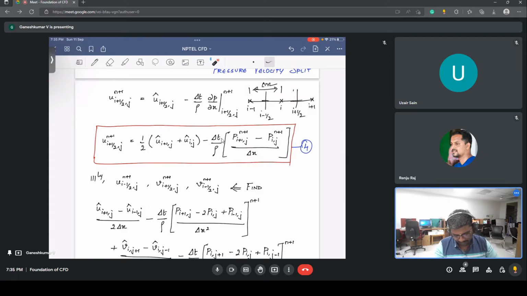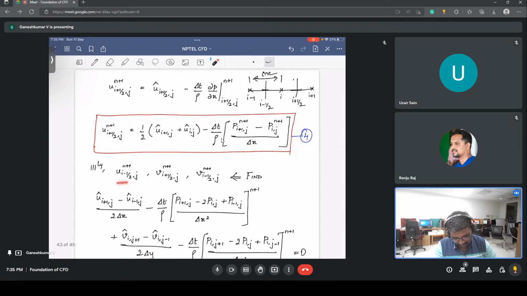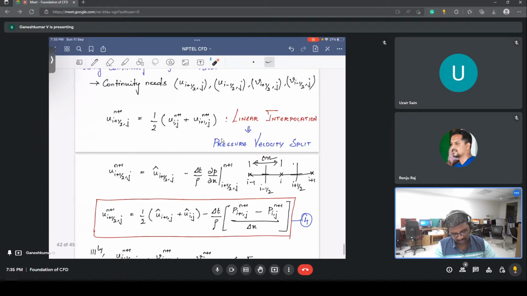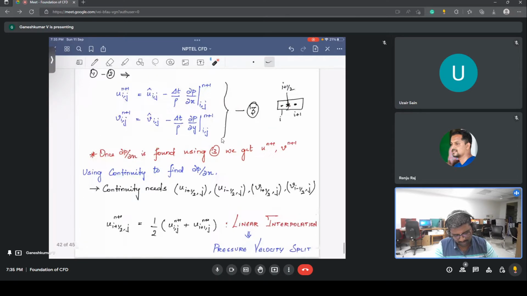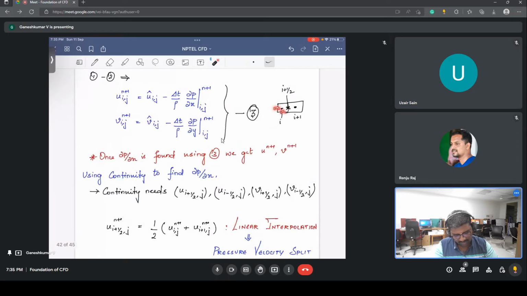So now we have an equation for facial velocities at n plus 1, right? Similarly you can write this for i minus half; you wrote it for i plus half. Now you write it for i minus half, v at j minus half, v at j plus half.